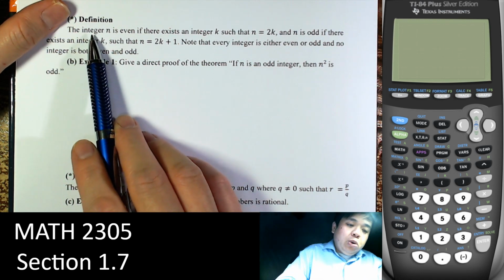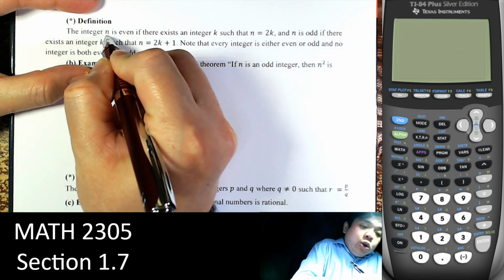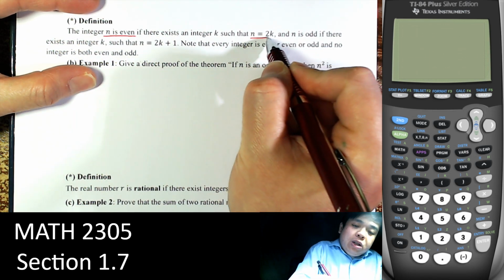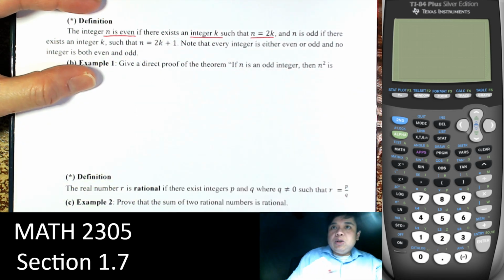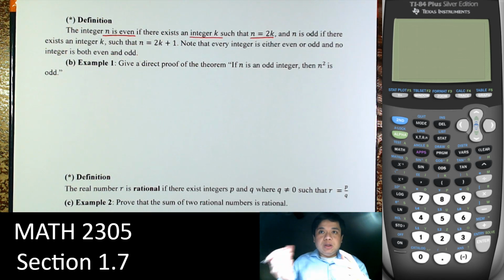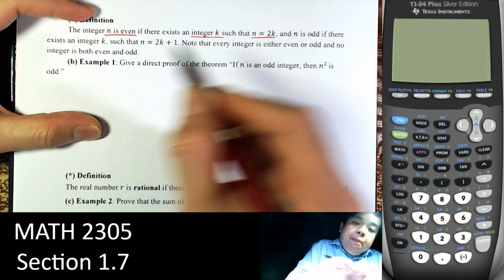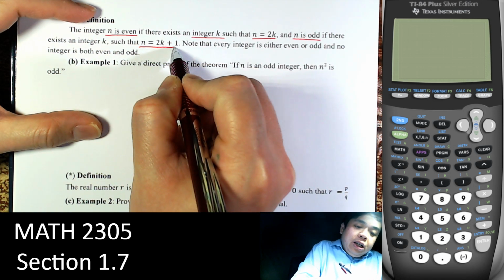So the integer n is even. If n is even, then n can be written as 2 times k where k is an integer. So 2 times something is going to be even. If n is odd, that's going to be 2k plus 1.